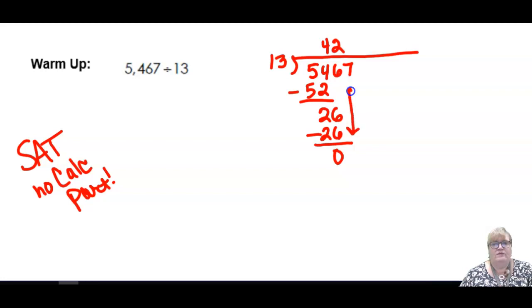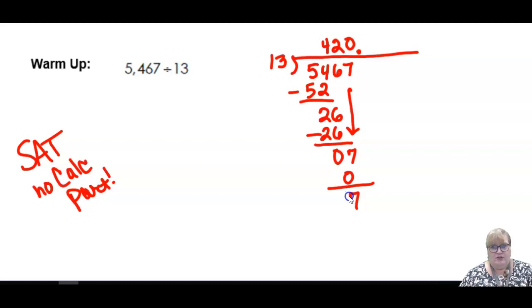We bring down the 7. Now, 13 does not go into 7 at all. So 13 times 0 is 0. And then we subtract and get our remainder. Because there was a place here, we still needed to put that 0. That doesn't happen super often.